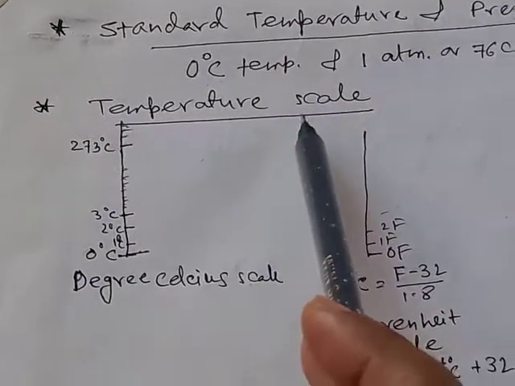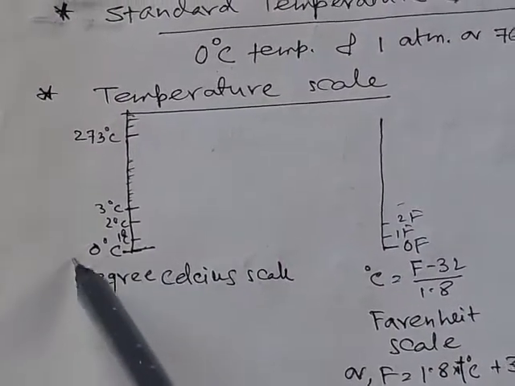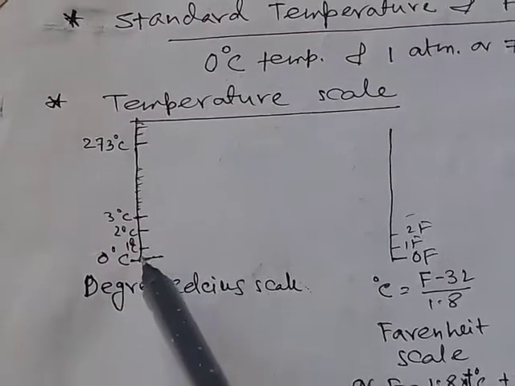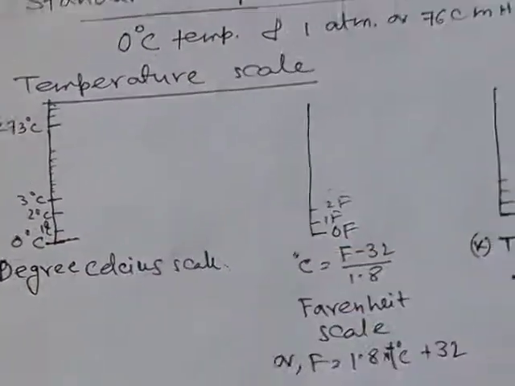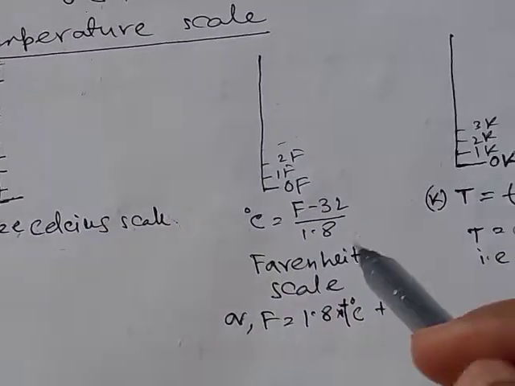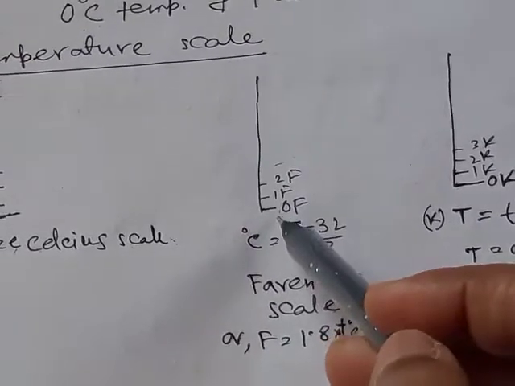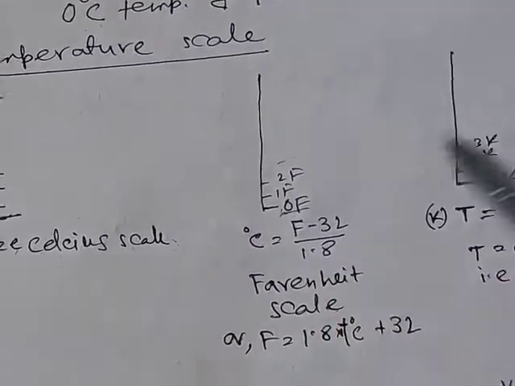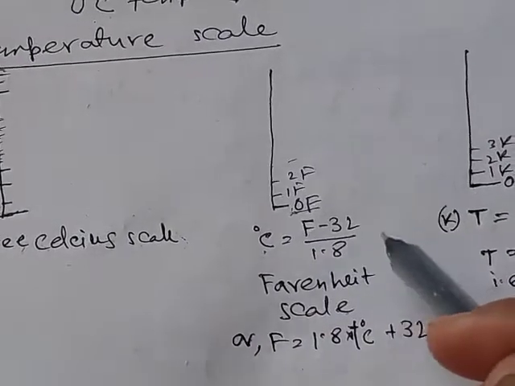Now, temperature scales. There are different temperature scales. We commonly use the degree Celsius scale that starts from 0 degree centigrade. And there is another scale, the Fahrenheit scale. It also starts from 0 Fahrenheit, and there is a relation between degree Celsius and Fahrenheit.